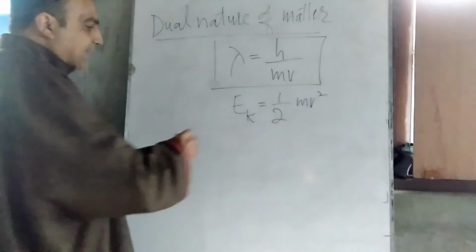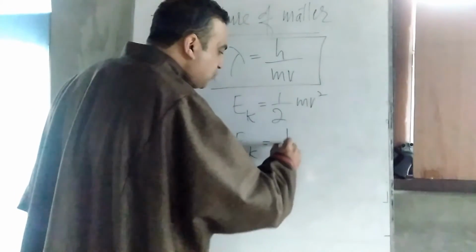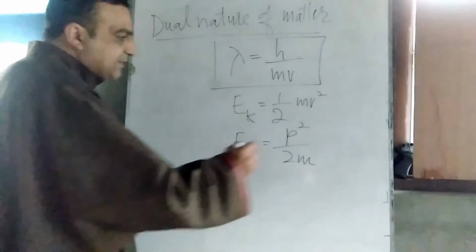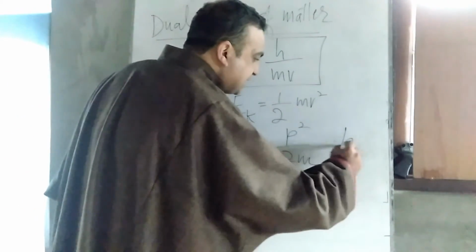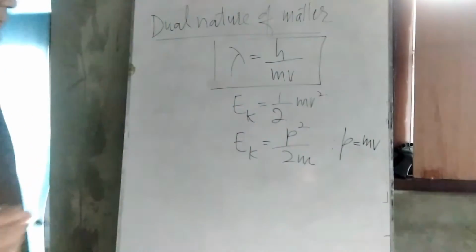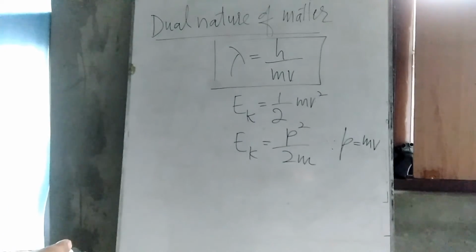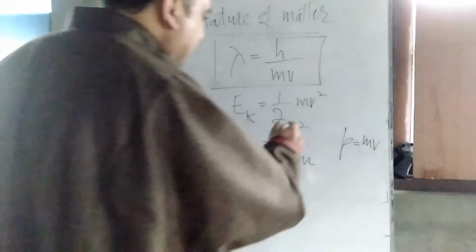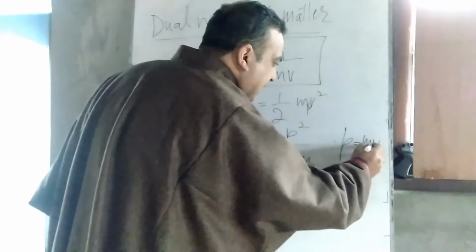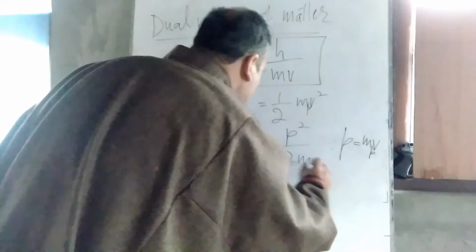So Ek can be written as p squared divided by 2m, where p is the momentum of the material particle, which is equal to the product of the mass of the particle and the velocity of that particle. I had chosen a subscript mp for the mass of this particle.